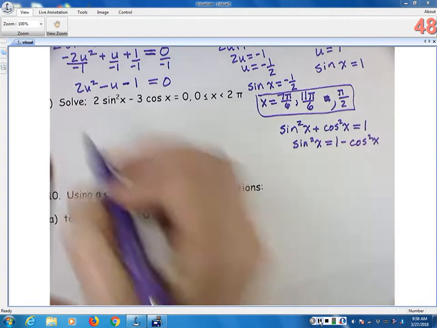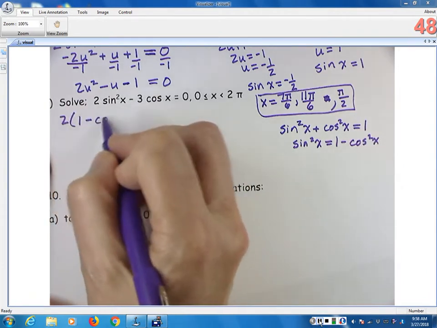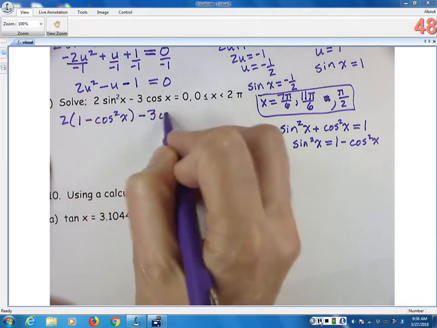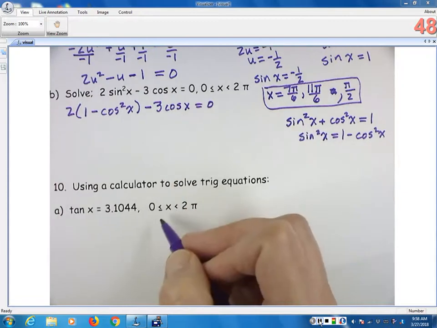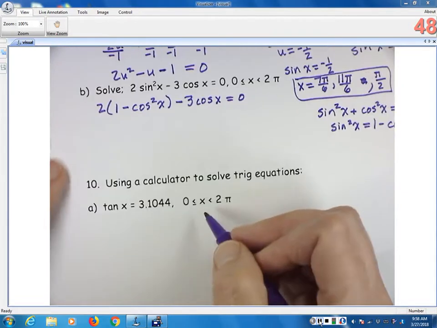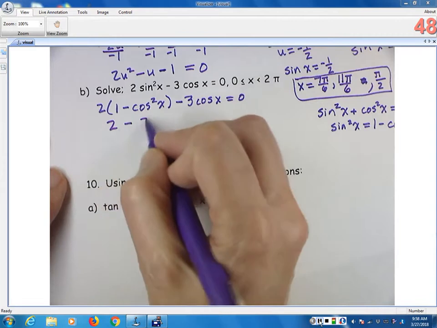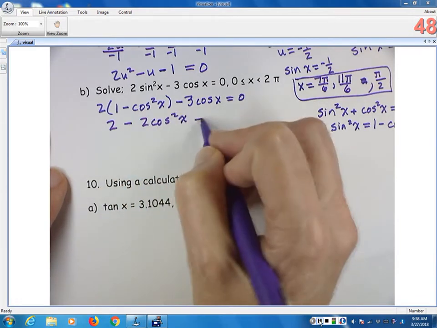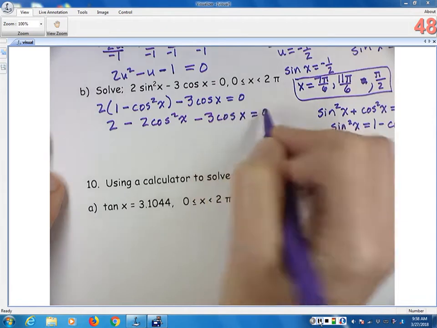Replace sine squared x with 1 minus cosine squared x, minus 3 cosine x equals 0. Now we have it all in terms of cosine. We can distribute: 2 minus 2 cosine squared x minus 3 cosine x equals 0. We could do a substitution.